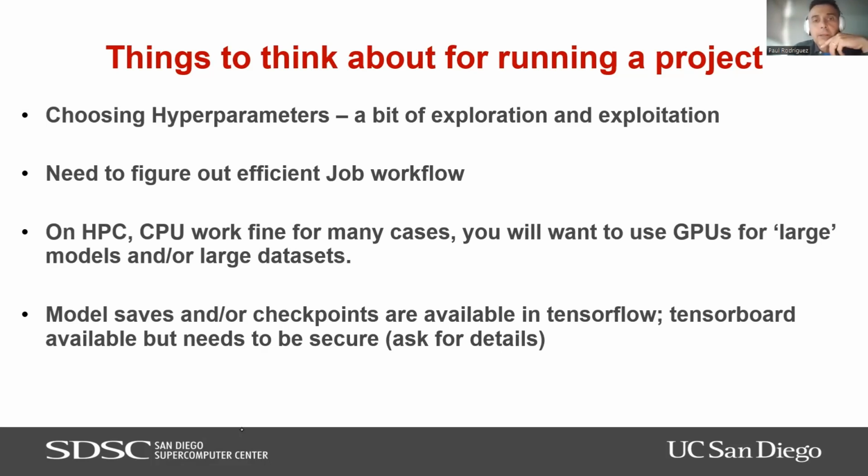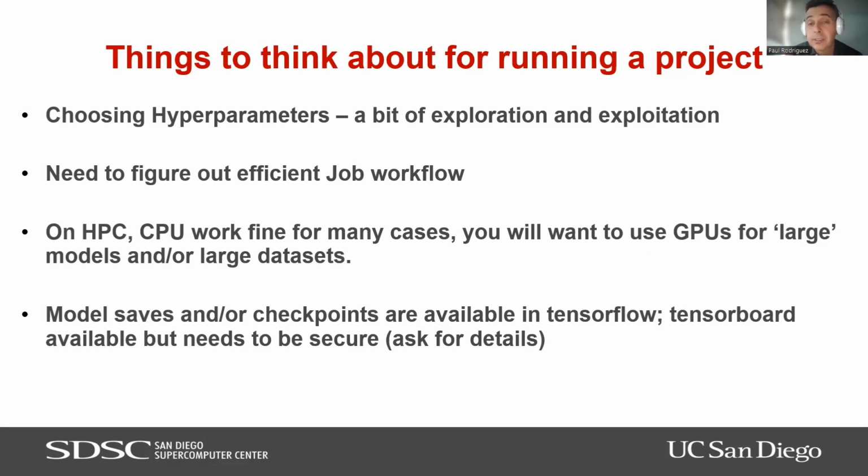The other thing to think about for a project is what a good job workflow is on our batch systems. Marty had a lot of good detail about high throughput computing and data management. Also, for large models and large data sets, at some point you'll want to switch to GPUs.